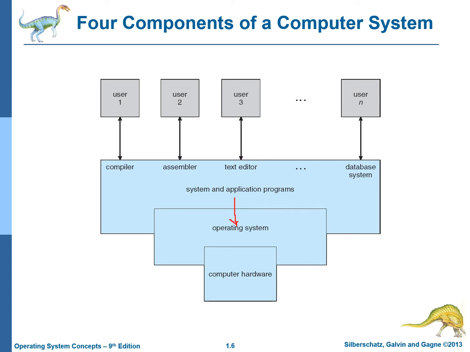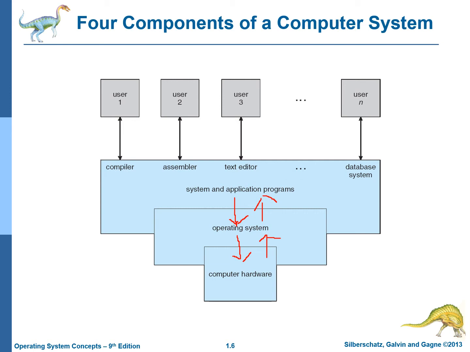So if they want to do something, they will just submit the job to the operating system through some system call, and the operating system will in turn communicate with the hardware. It will get the job done and it will return the result back. So this is the actual methodology, and these are the various user programs which are running in the computer.